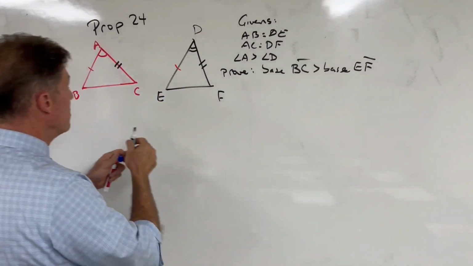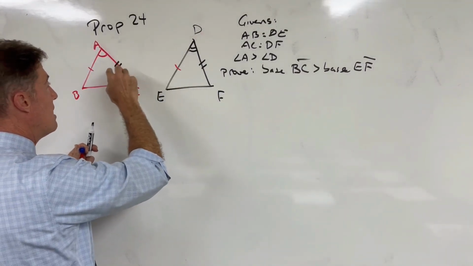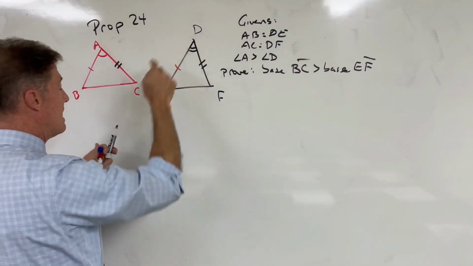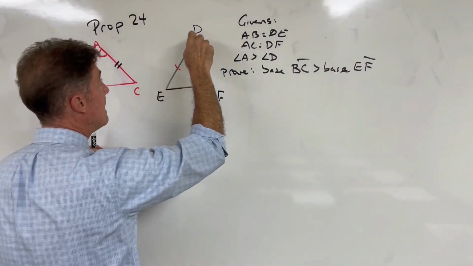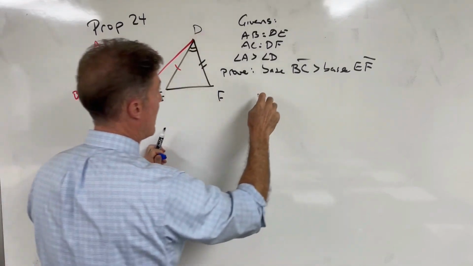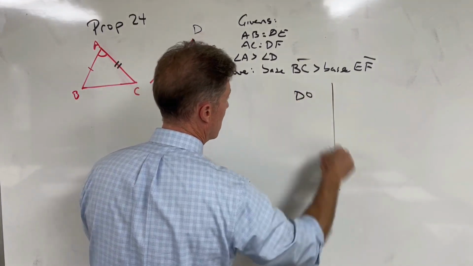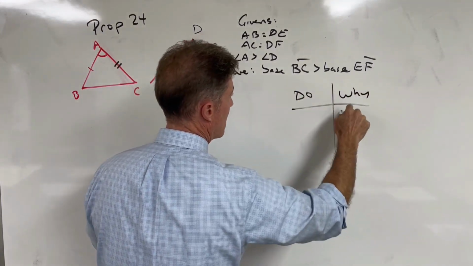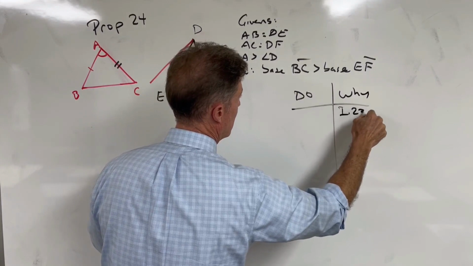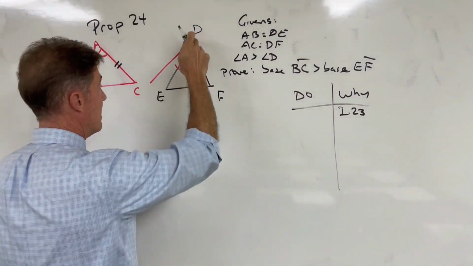We're going to start this proof. If these angles are unequal, we can make an angle equal to a given angle at a given point. So at point D, let's build an angle equal to the angle at A. And we can do this because of Prop 23, which allows us to make an angle equal to a given angle at a given point.